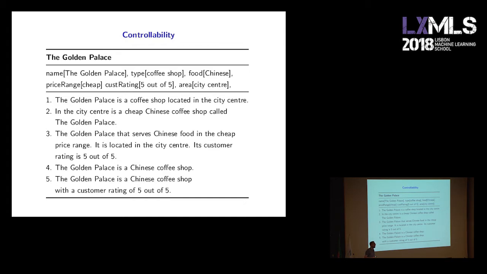The second question is whether we can get controllability from these templates. It would be disappointing if all our templates basically outputted data in the same form. We'd like to see different syntactic structures, different orderings of words, but still producing the same facts. And so here we try 5 different templates, all from the same data. So we have the Golden Palace as a coffee shop located in the city center, but also in the city center is a cheap Chinese coffee shop called the Golden Palace.